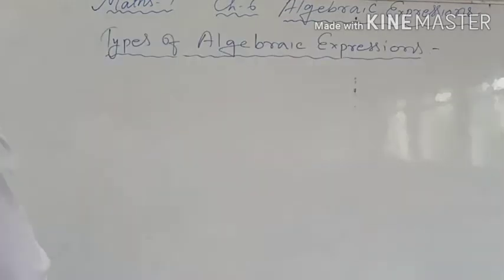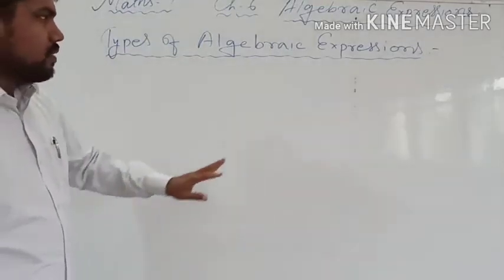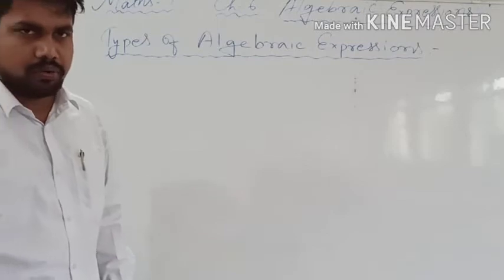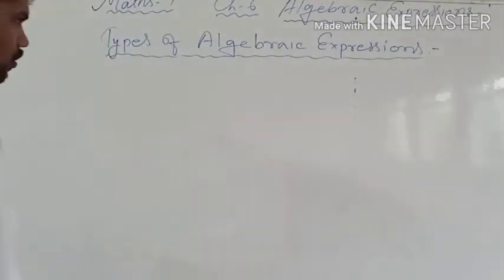Now we will see the various types of algebraic expressions. There are different types of algebraic expressions we can categorize into. So starting with the first one which we have is monomials.